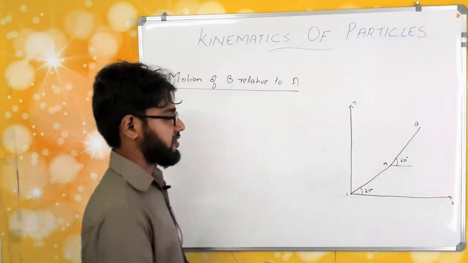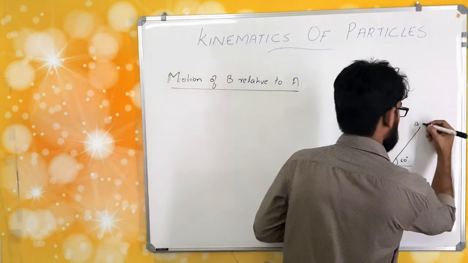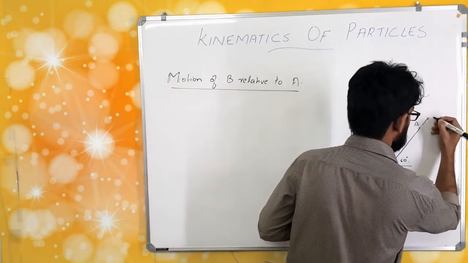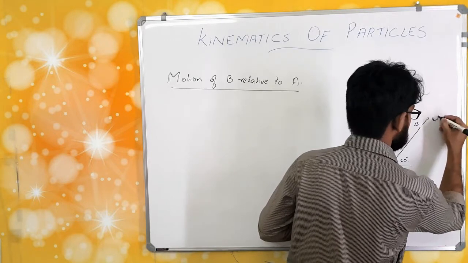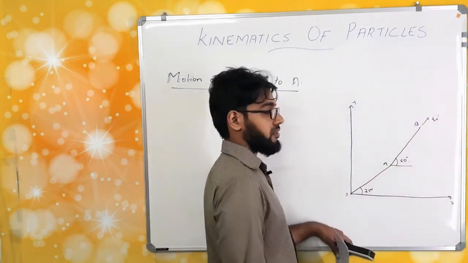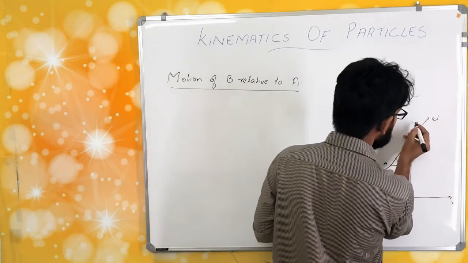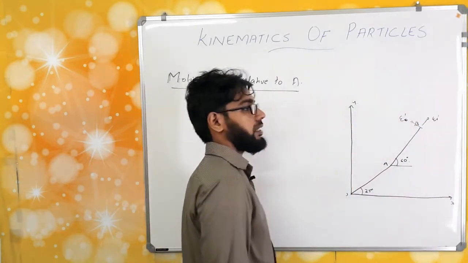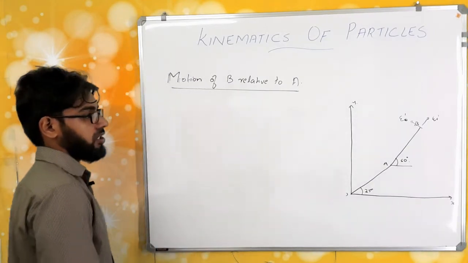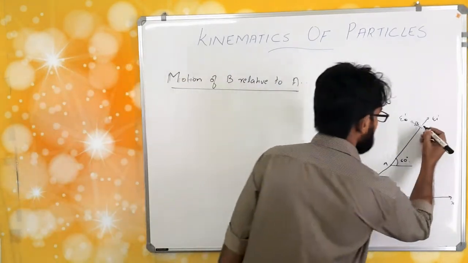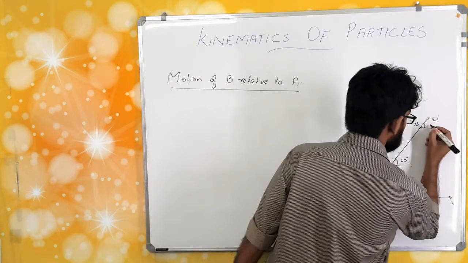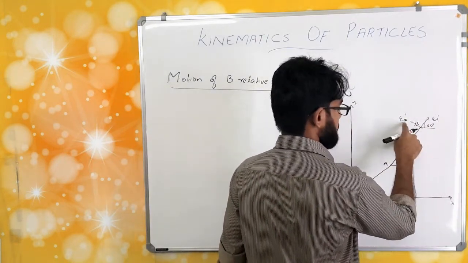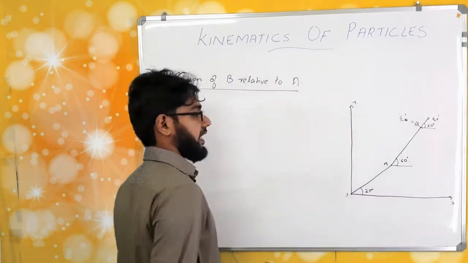Now you can see from this figure that epsilon R dash will be in this direction and epsilon theta dash will be in this direction. So as such, you have to express epsilon R dash and epsilon theta dash with respect to the Cartesian coordinates x and y.